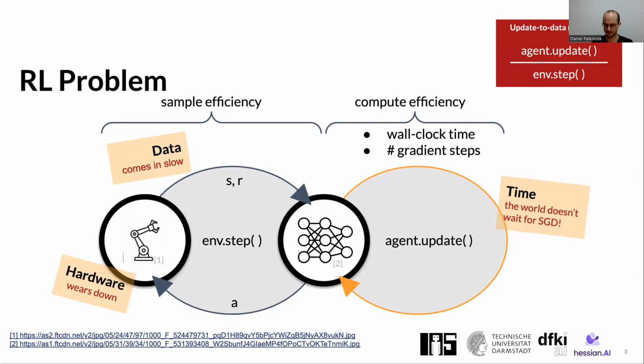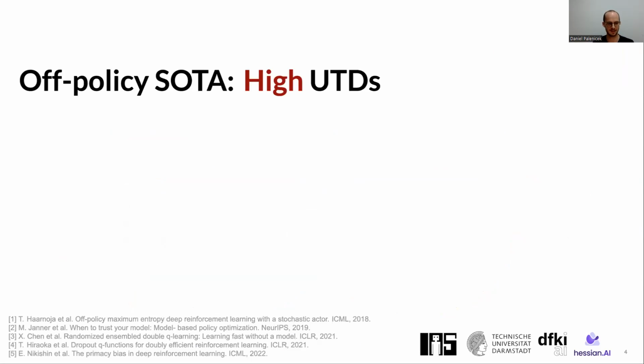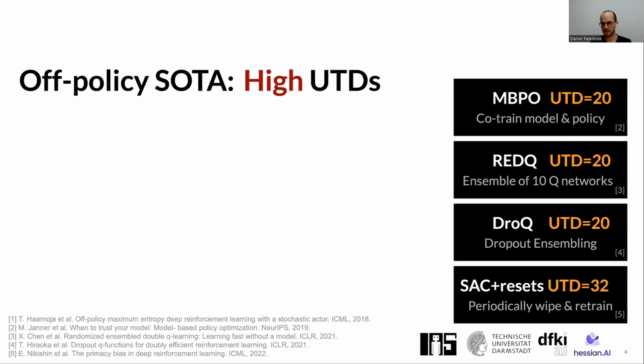All right, and that brings us right to the next slide, which is about the question, what does current state of the art do? They really increase these update to data ratios to have very high update to data ratios. And there's a number of examples.